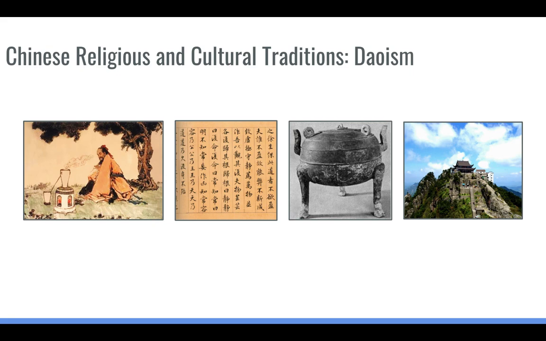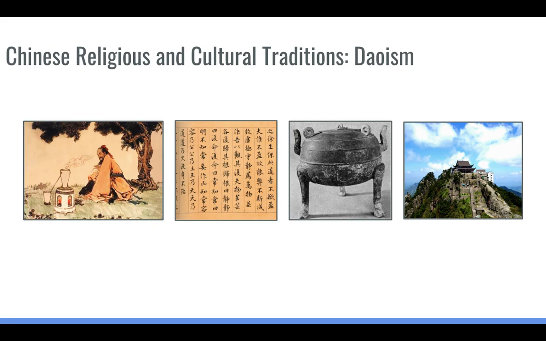Traditional Chinese medicines often have their roots in Taoism. They also wrote a lot of poetry, trying to learn about connections with the natural world. So there's a massive influence of Taoism on Chinese poetry and art.